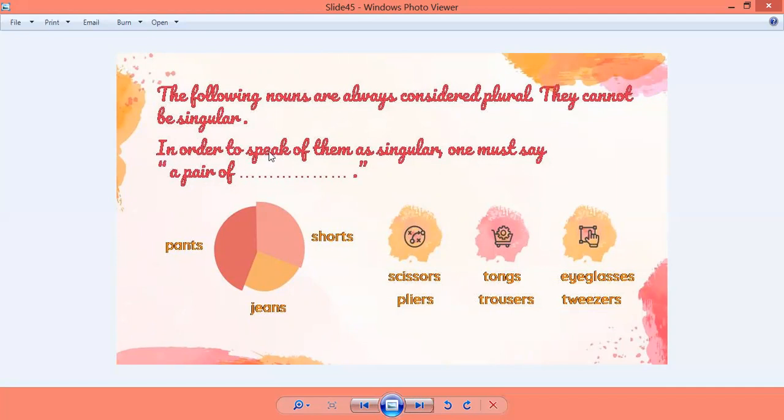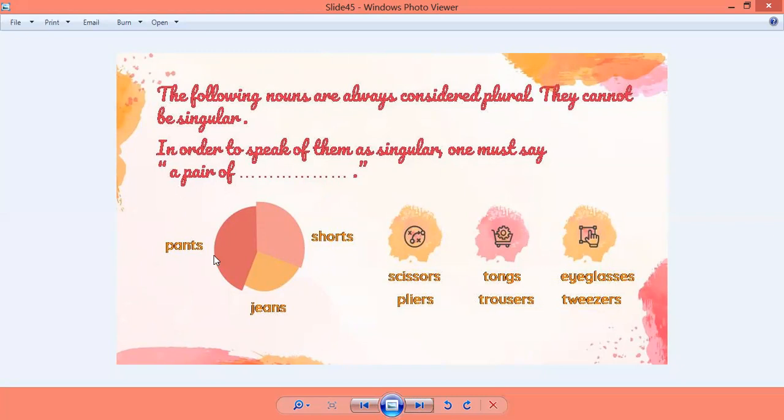In order to speak of them as singular, one must say a pair of. Otherwise they will be considered plural.